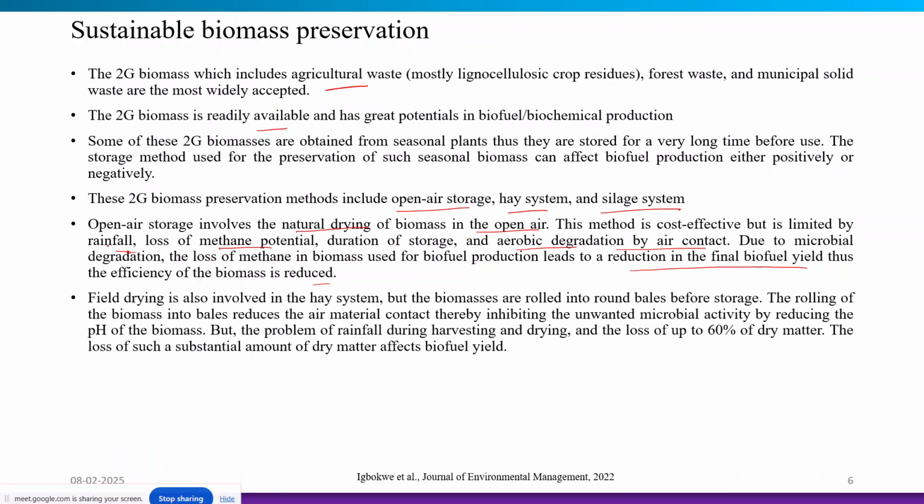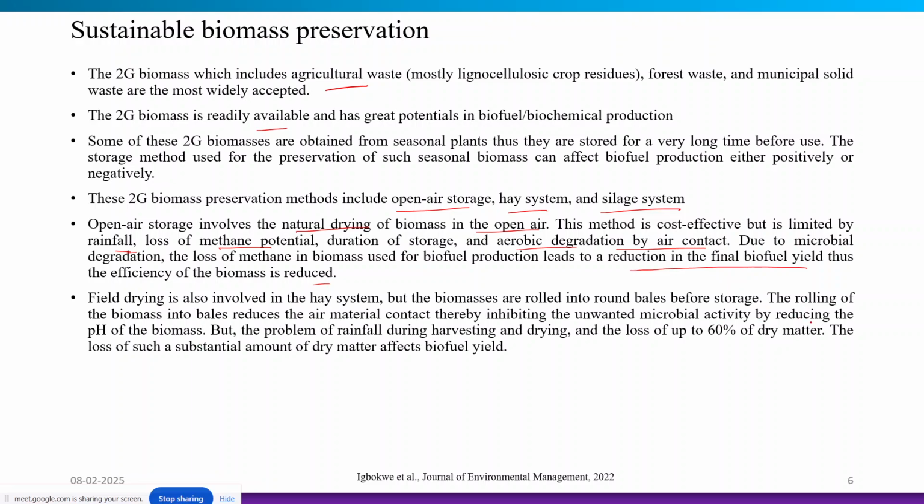So next is field drying. Field drying is also involved in the hay system, but the biomass is rolled into round bales before storage. This rolling of the biomass into bales may reduce the air contact, thereby inhibiting unwanted microbial activity by reducing the pH of the biomass.